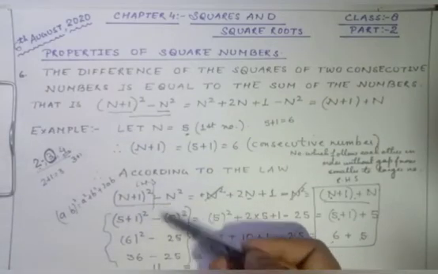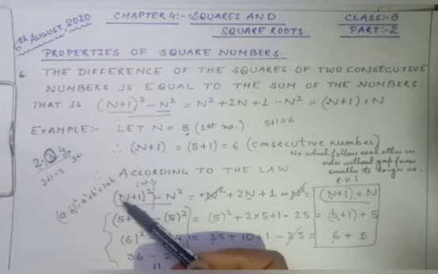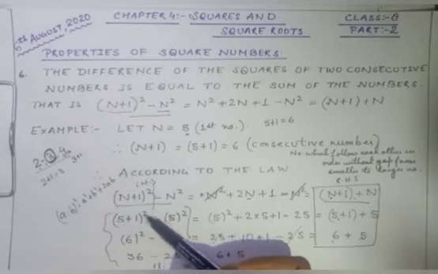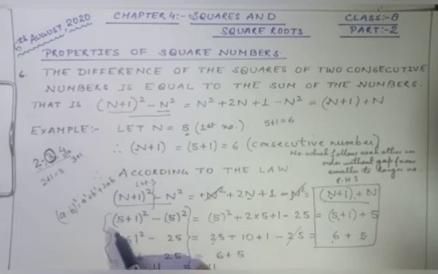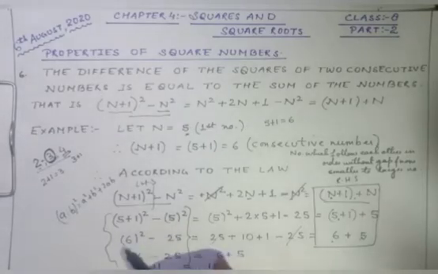Now let us solve it. (n plus 1) to the whole power 2: in place of n, I place 5, the value of n. It becomes (5 plus 1) to the whole power 2 minus 5 to the whole power 2. 5 plus 1 makes 6 to the whole power 2 minus 5 square means 25. 6 square means 36 minus 25. What is the answer? 11.